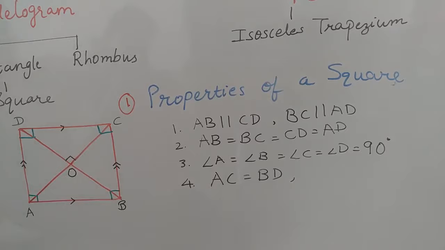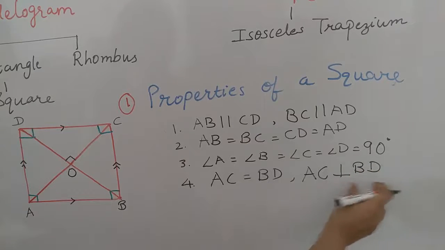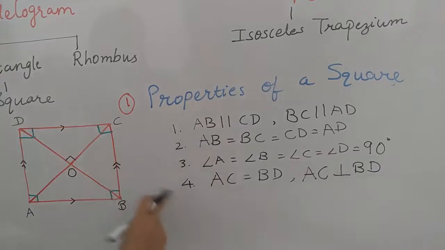It means we can say that AC is perpendicular to BD, meaning the diagonals are at 90 degrees, or we can say they are perpendicular. So these are the four main properties of a square. The fourth one is very important. The diagonals are equal in measure and they cut each other at 90 degrees.